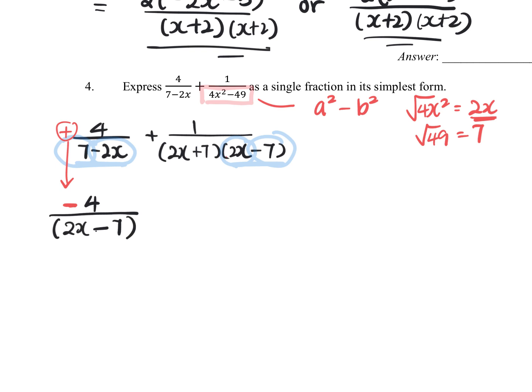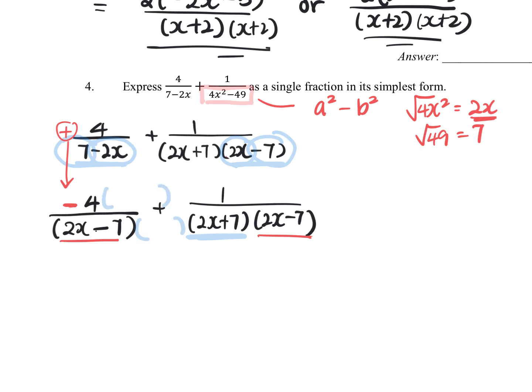You can also write it as minus 7 plus 2x, it's the same thing. Next, we observe we have the factor 2x minus 7, but this side has one additional factor, 2x plus 7. So I need to multiply one more factor to this portion, so I have to multiply the factor 2x plus 7.